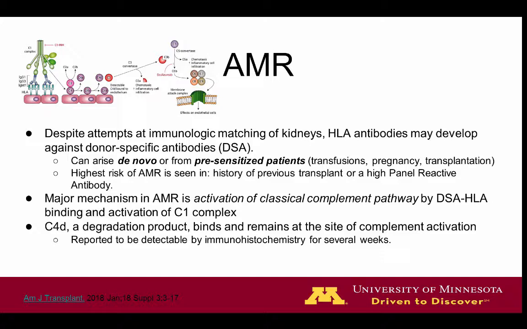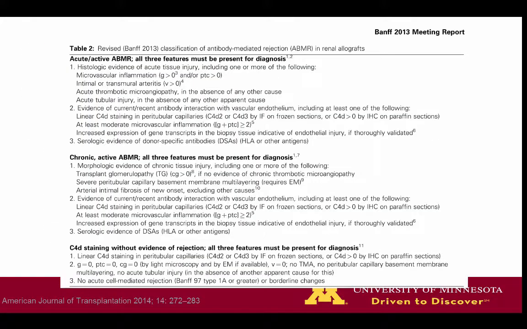So these donor-specific antibodies can arise de novo or from pre-sensitized patients, and the highest risk of antibody-mediated rejection is in patients who have received a previous transplant or have a high pre-transplant panel reactive antibody.